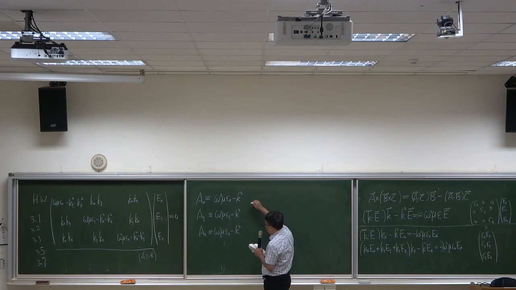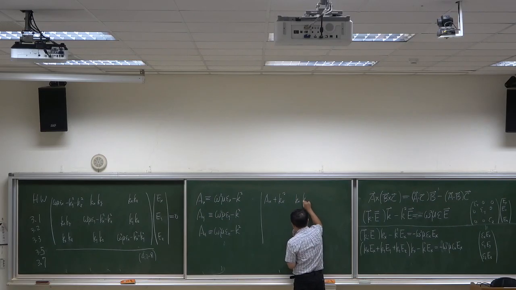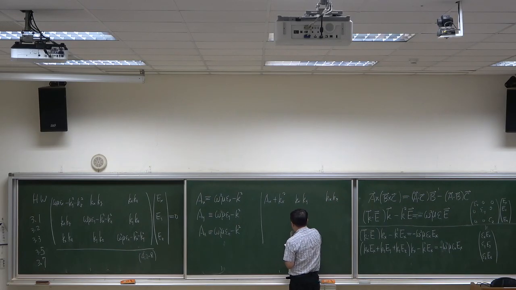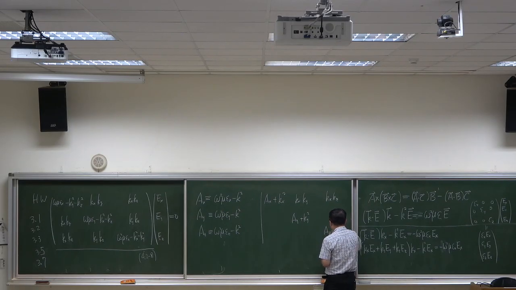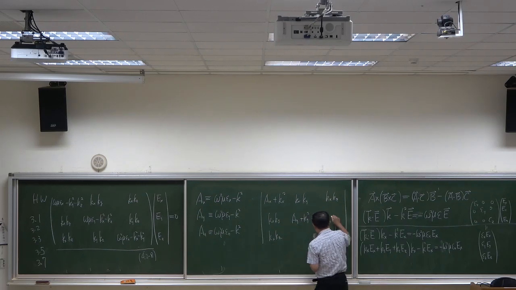Then I can write this as the matrix with rows: Ax plus kx squared, kx ky, kx kz; ky kx, Ay plus ky squared, ky kz; kz kx, kz ky, Az plus kz squared.